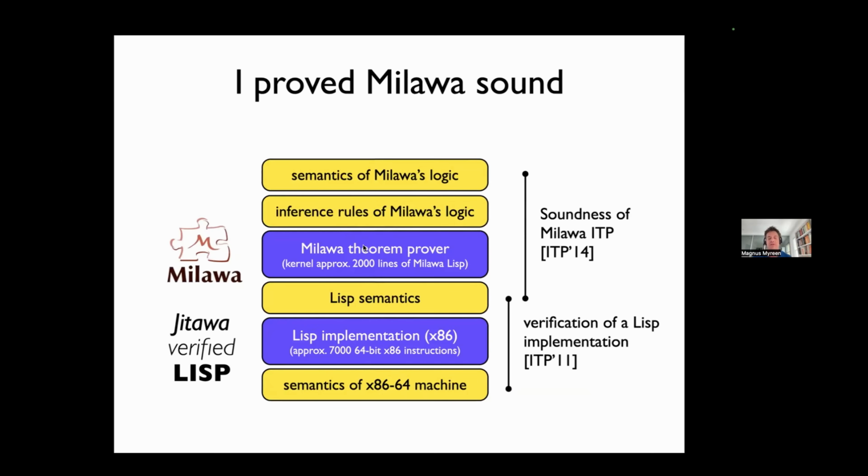And then the kernel of the Milawa theorem prover was proved sound with respect to that on the bottom end, and at the top end, it's the semantics of the Milawa logic, which is essentially a simplified version of the ACL2 or Boyer-Moore provers' logic. So I know that quite intimately. And these 2,000 lines of Milawa Lisp include the reflection mechanism, of course, because we need to make sure that it's sound however the user runs the switch command, which is quite exciting.